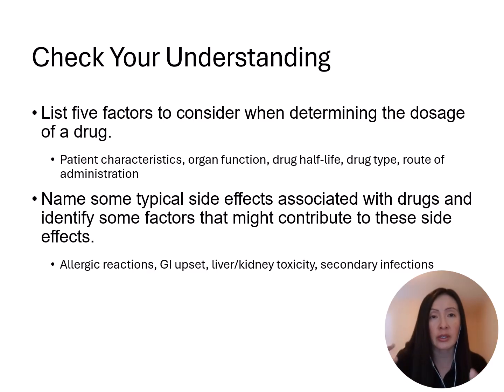That can trigger allergic reactions or GI problems or toxicity. This could be poor drug clearance due to liver or kidney dysfunction, or interactions with other drugs that the patient's taking at the same time, and these other drugs or combinations of drugs can alter metabolism of the drug as well as elimination of the drug.